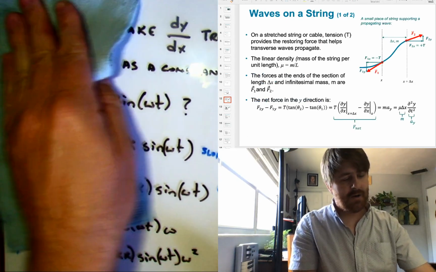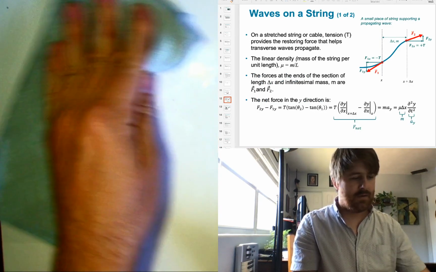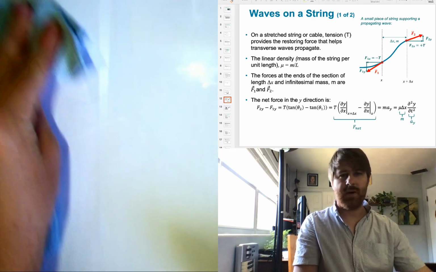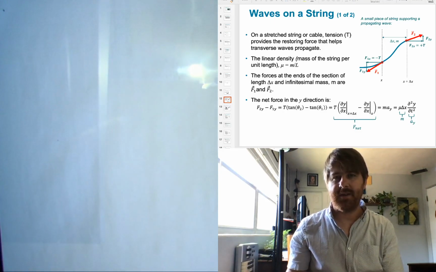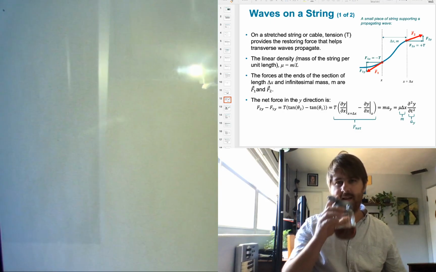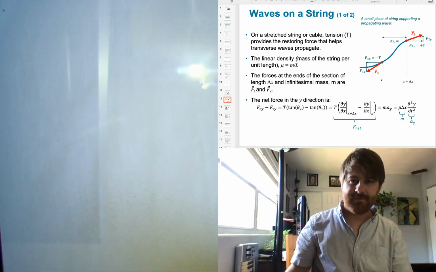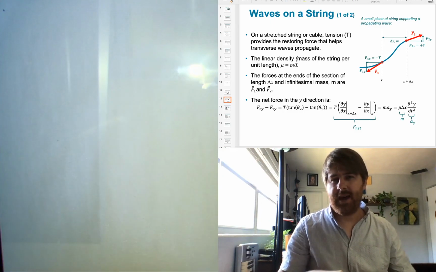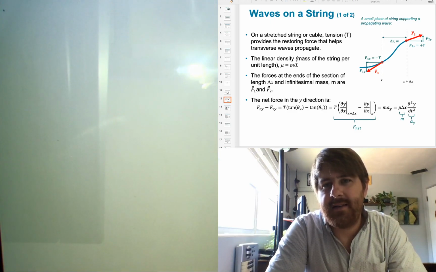Okay, so now thinking about a wave on a string, what properties of the material does the wave speed depend on? A simple example of this is to use Newton's second law together with the wave equation. In this example we have a little tiny piece of the string of length delta x.